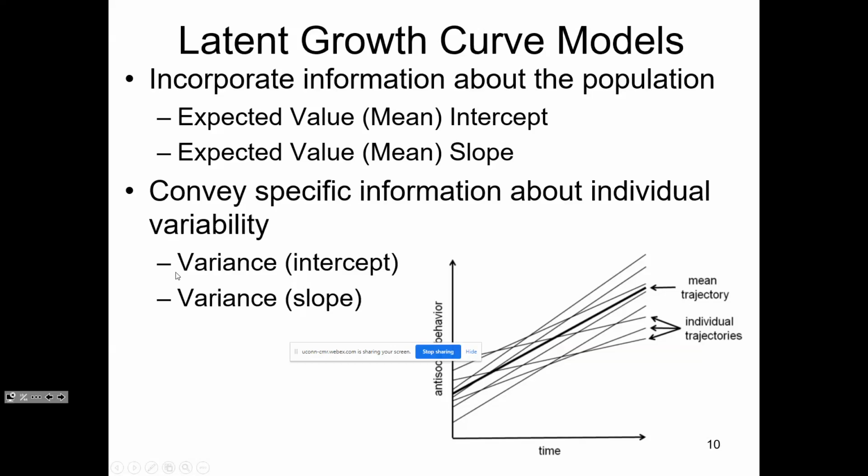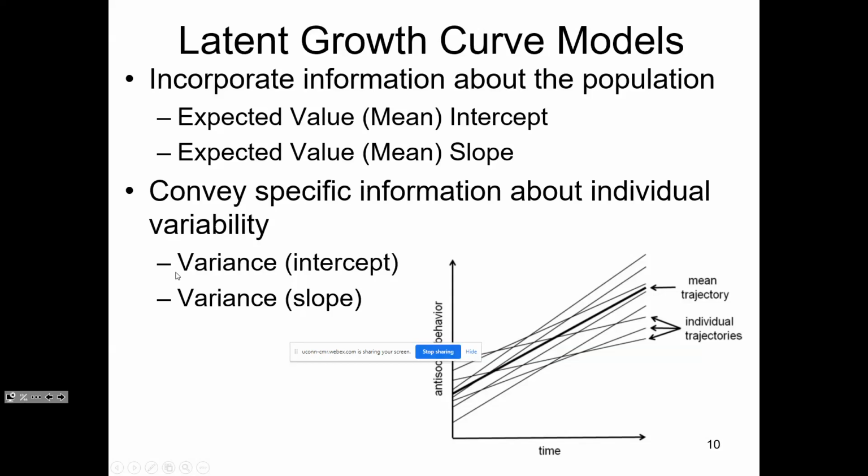So that's telling us on average across everybody, where do we think people are going to start? How fast do we think people are going to grow? But then we're also going to get information about the variance of the intercept and the variance of the slope. The variance tells me how much between-person variability there is in both where people start and how fast they grow.